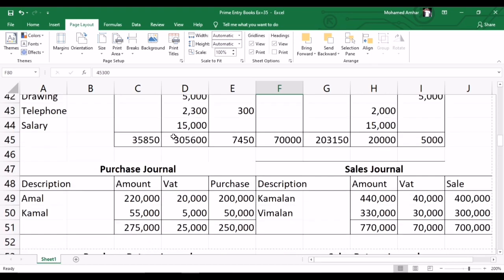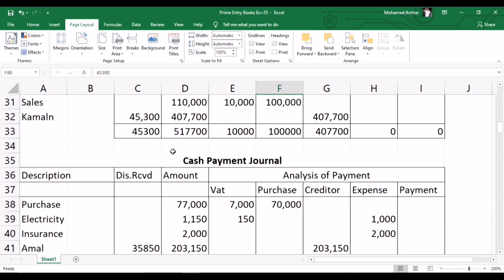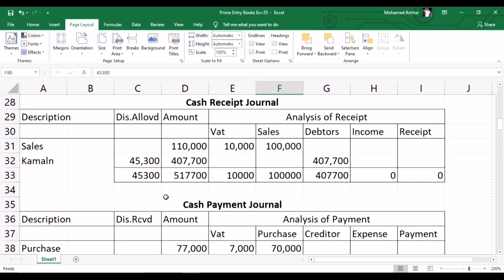Right, next cash receipt amount column. So this is the total amount of cash received. So it should be debited to cash control account and credited to other accounts.